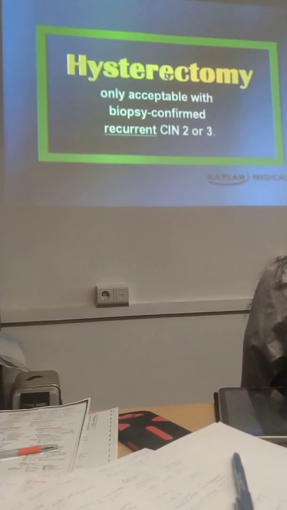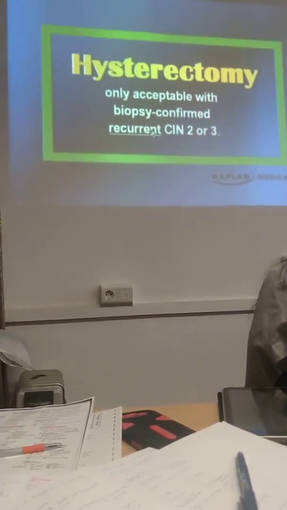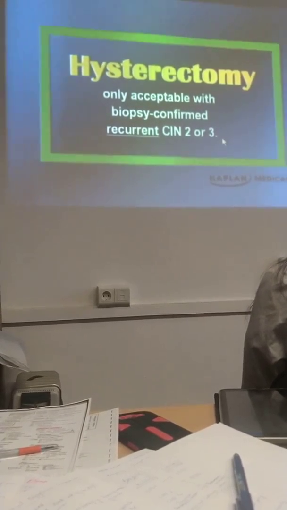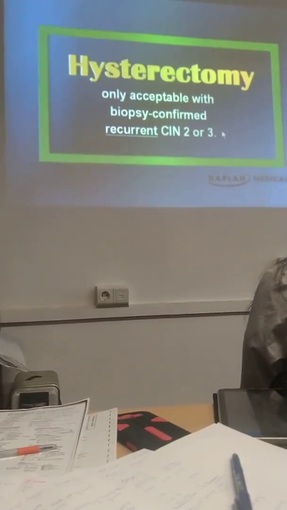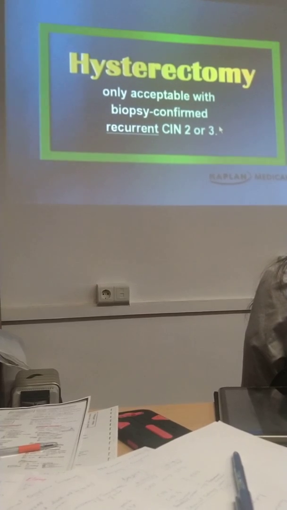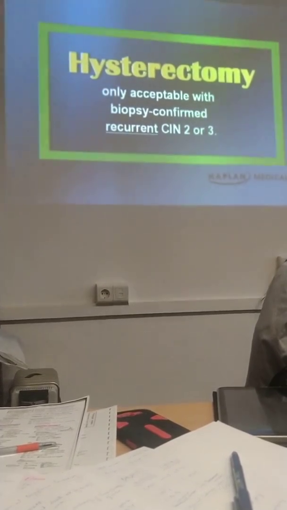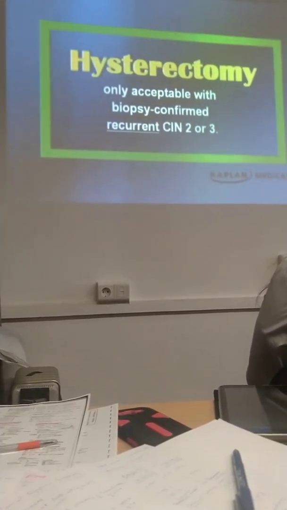Hysterectomy is only appropriate when you have recurrent CIN 2 or 3. So even if you have a patient with carcinoma in situ, CIN 2, who's 40 years old, who has had a tubal ligation, you do not do a hysterectomy as we did in years past.